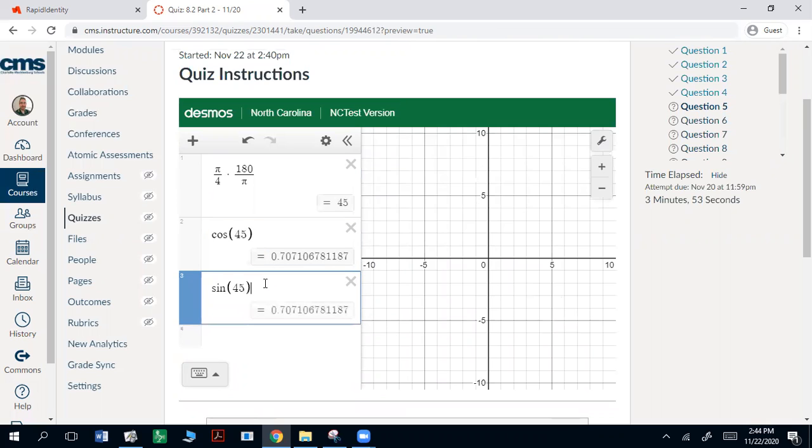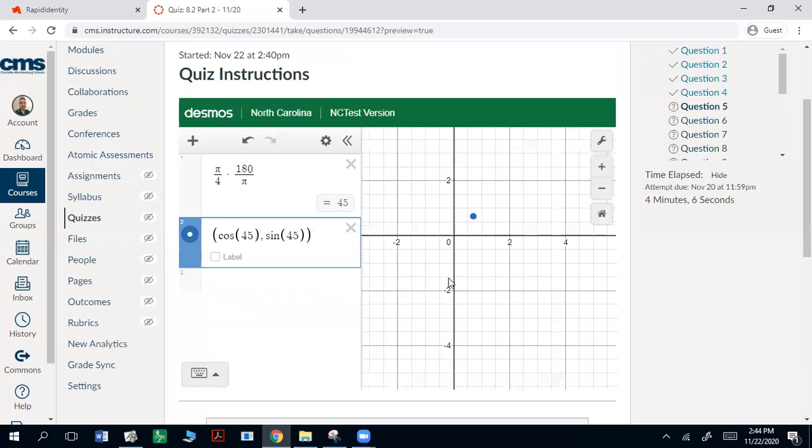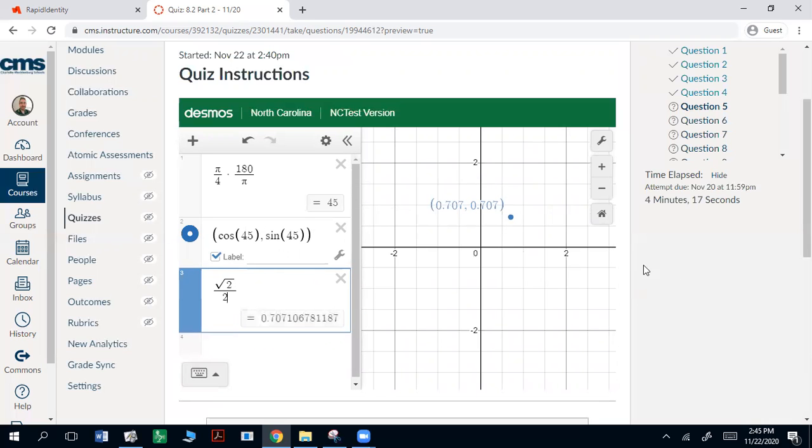Sine of 45, square root of 2 over 2. Notice that they're both the same. If you look at where that is on the unit circle, that would be right there. Let me blow that up a little bit. And that's in quadrant 1. And they're both the square root of 2 divided by 2. They're both the same.